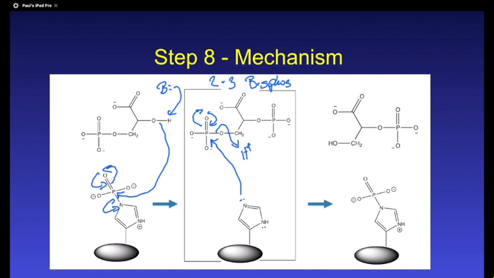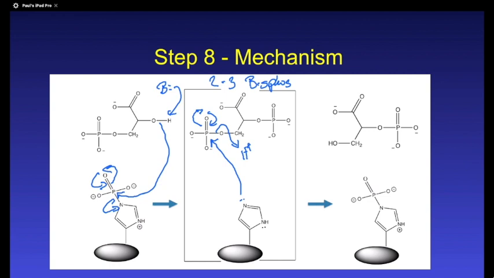And so I pick up that proton to create the hydroxide. But what has happened is the original phosphate now sits on the enzyme, and the phosphate that was in the enzyme is now in the intermediate.